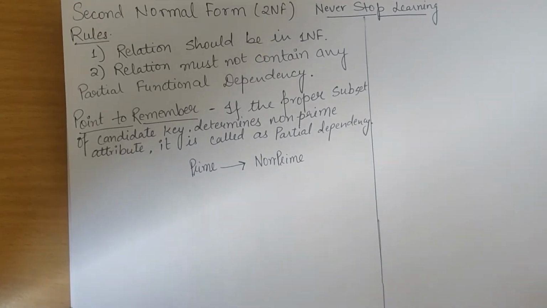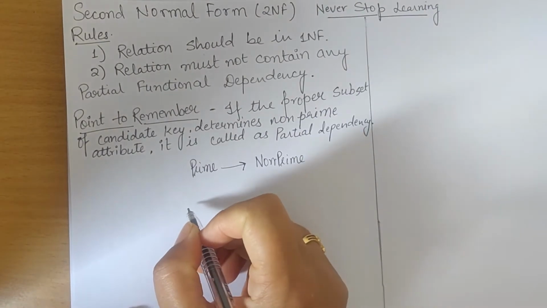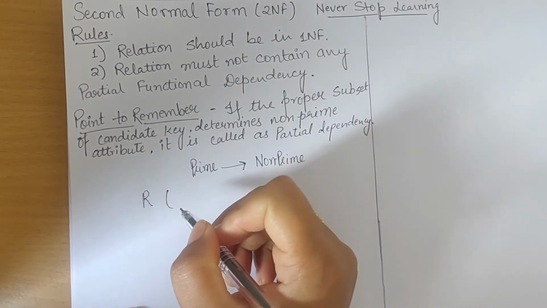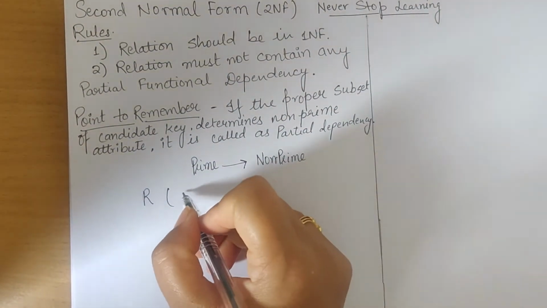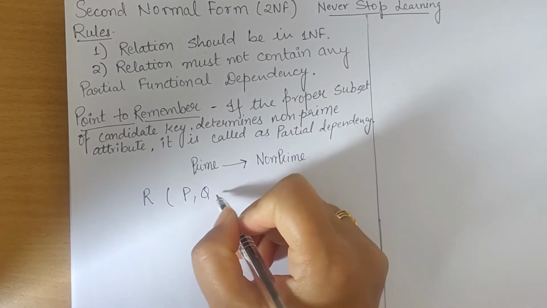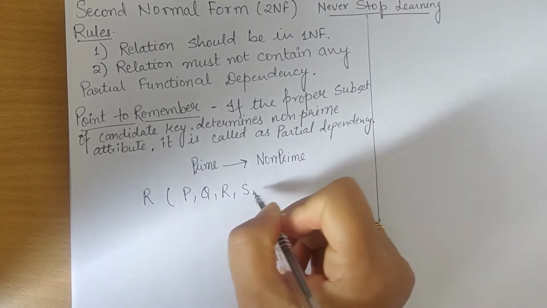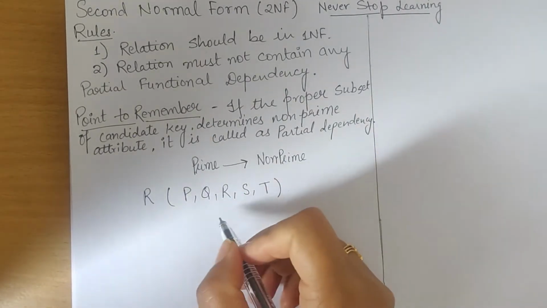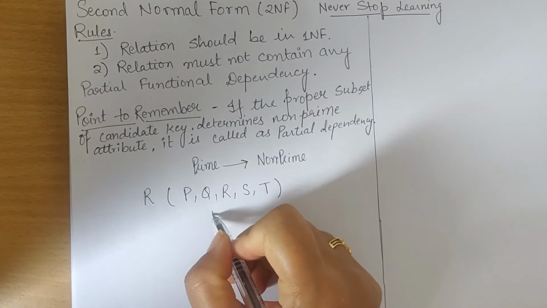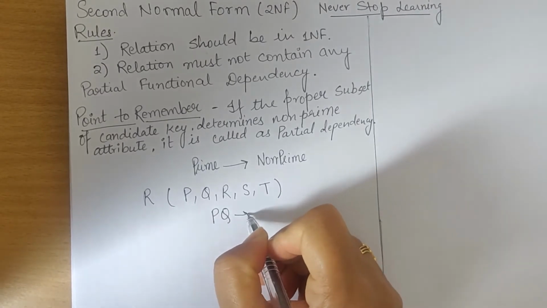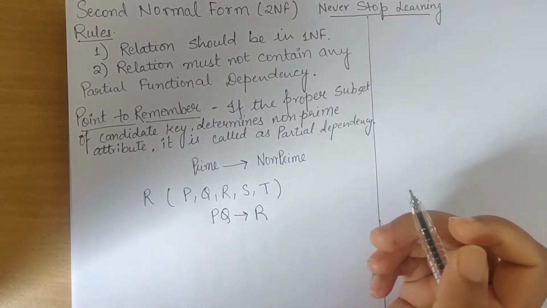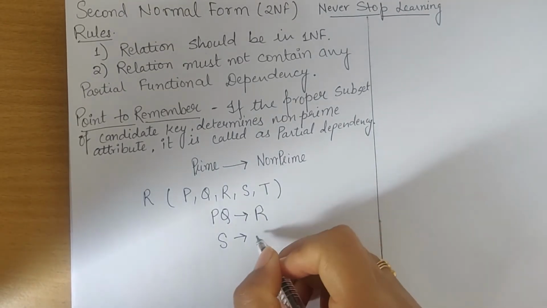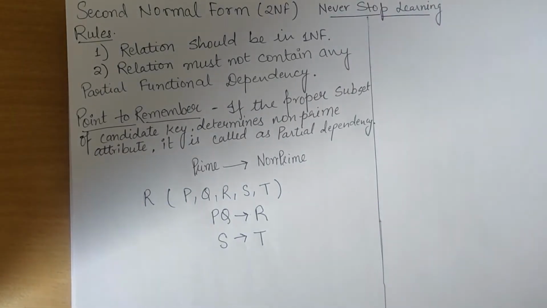Let's consider a relation R with 5 attributes: P, Q, R, S and T. The functional dependencies are: PQ determines R, and S determines T.